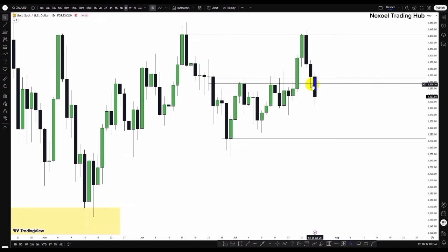This particular level is a 4-hour inversion fair value gap, where I expected the possibility of bullishness, with price coming to retest the open price of this bullish candle before any sense of bearishness. But anyway, it was just a very short bullish reaction. Price did not actually go more bullish to the upside.